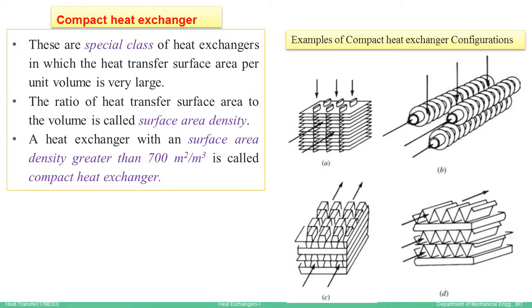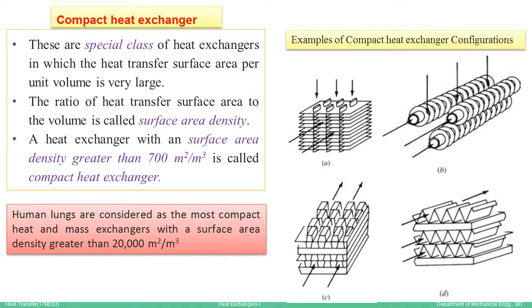You can see the plate arrangement in the first case A, and the circular fins and different types of fins in C and D, so that the area is enhanced for the same heat exchanger. And it is to be known that human lungs are considered the most compact heat and mass exchanger with a surface area density greater than 20,000 square meters per cubic meter.